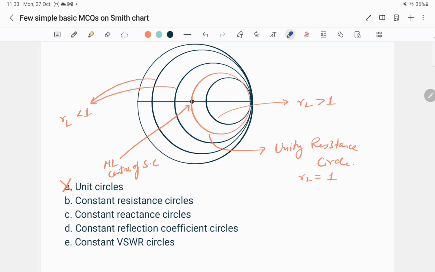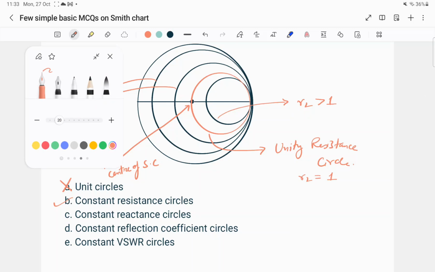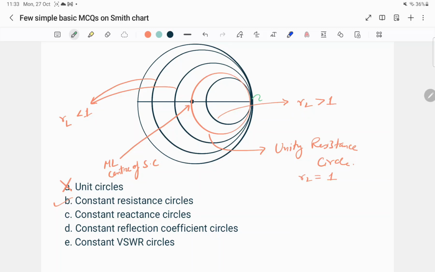So all these circles represent constant resistance circles. Therefore option B is correct. Constant reactance circles? No. Why? Because, let me choose a different color, we know that constant reactance circles make this kind of curves. So constant reactance circle is also an incorrect option.